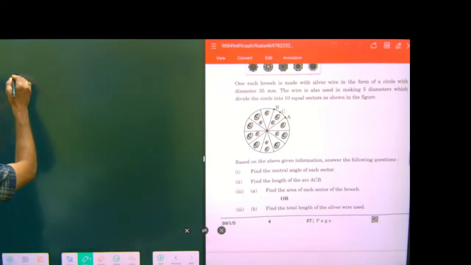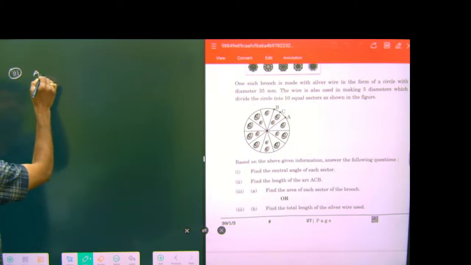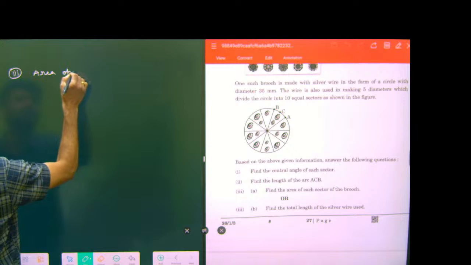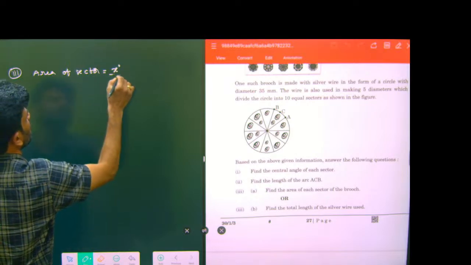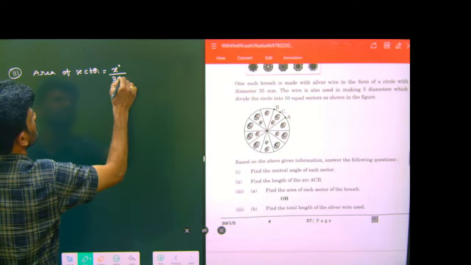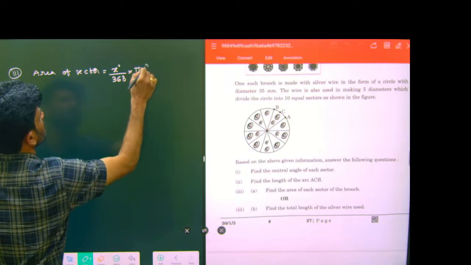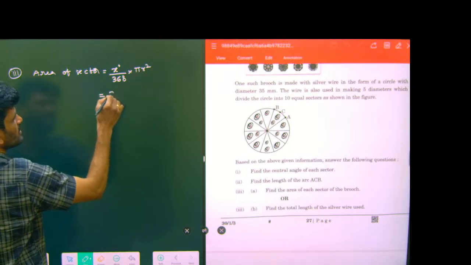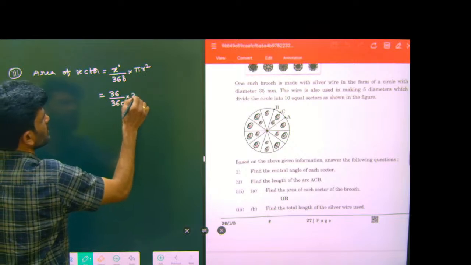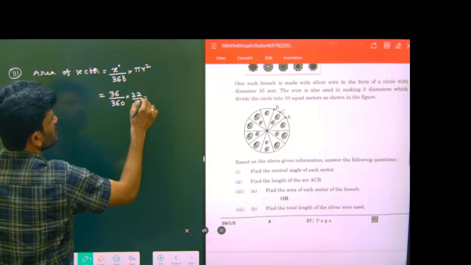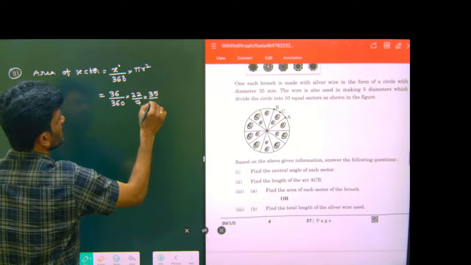Area of a sector, the third question. Area of sector is equal to x degrees by 360 degrees into pi r square. We got x as 36 degrees. So 36 by 360 into 22 by 7 into r, which is 35 by 2, again 35 by 2.